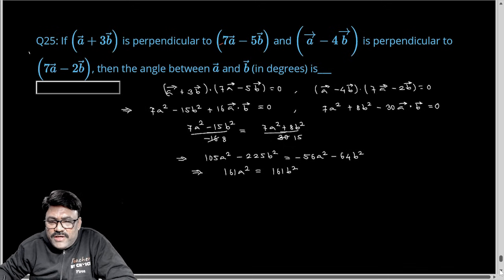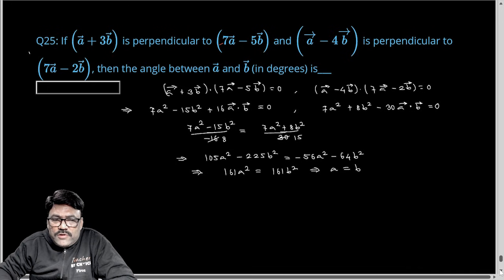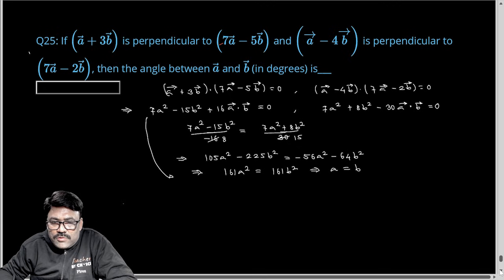So that means a and b are the same magnitude. Now if I put a equal to b in the first equation, I will get 16a dot b equal to 7a square minus 15a square, which is 8a square.